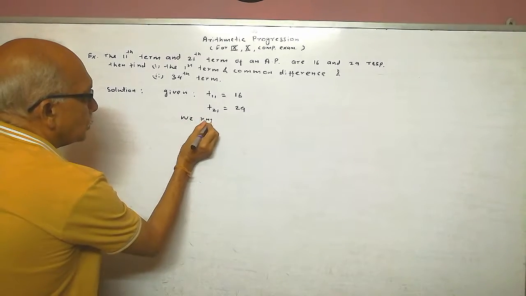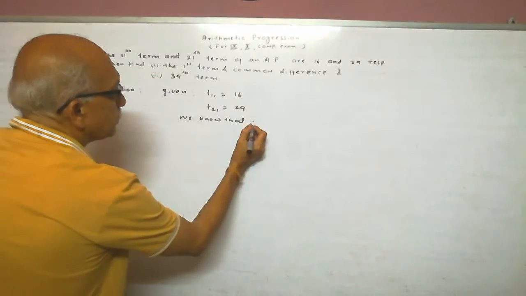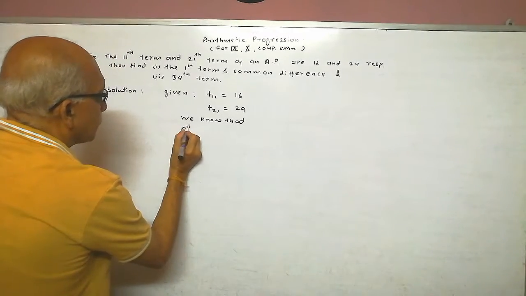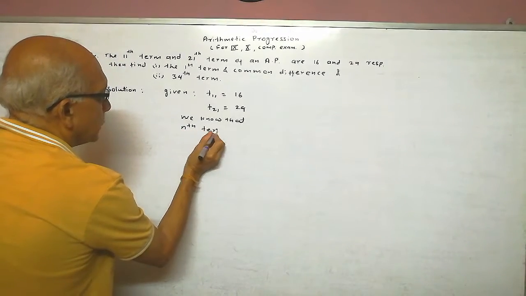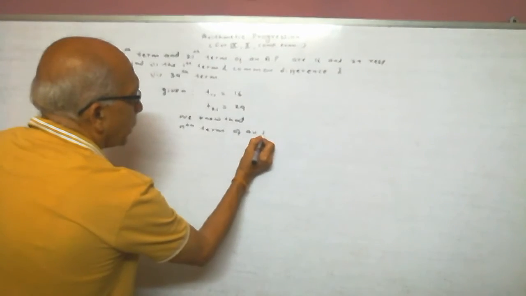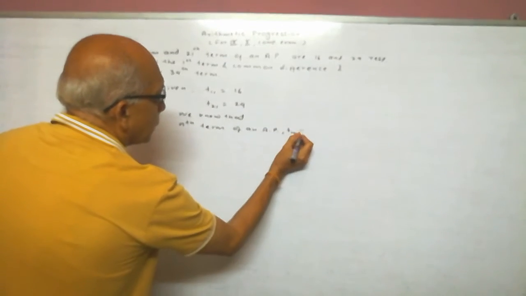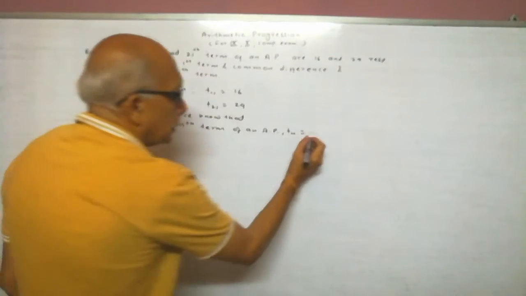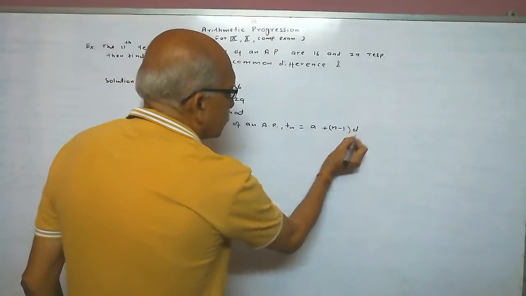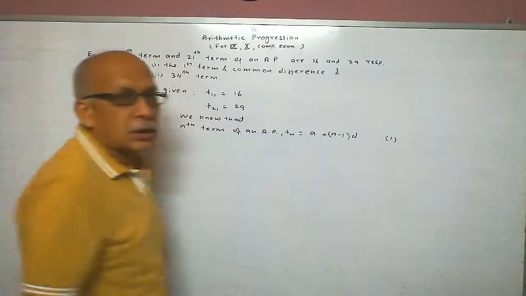We know that the nth term of an AP, that is Tn, is equal to a plus (n minus 1) into d. Now we can number this formula as 1.